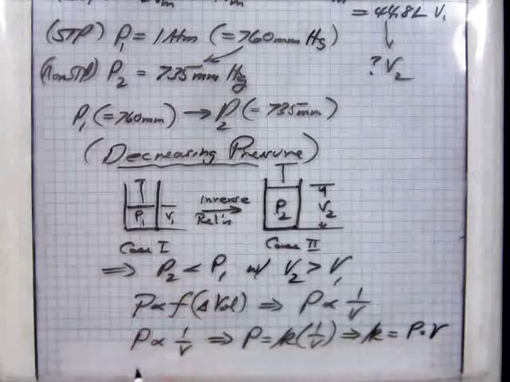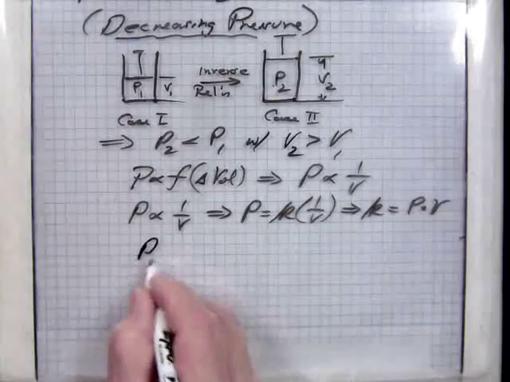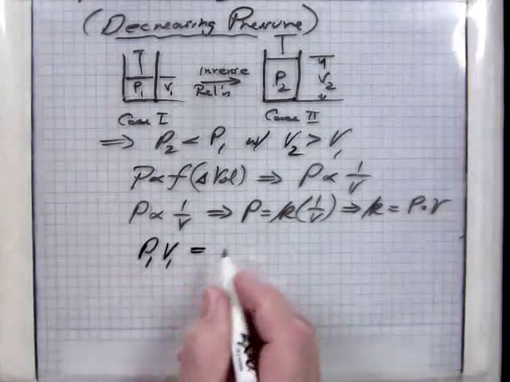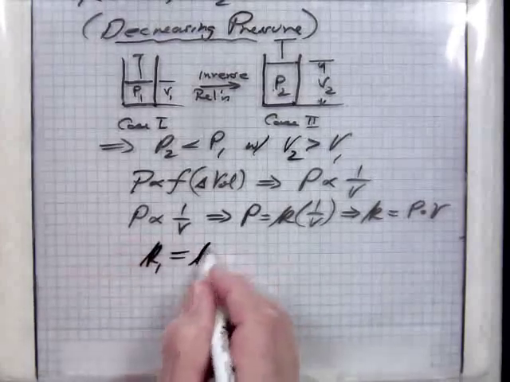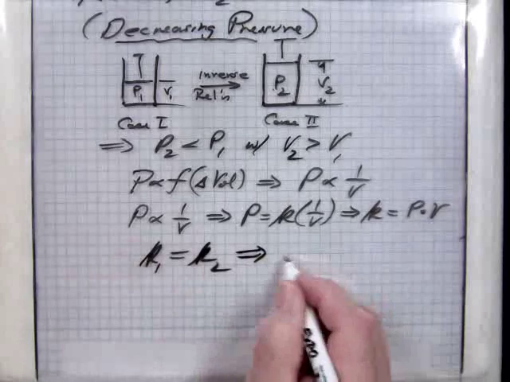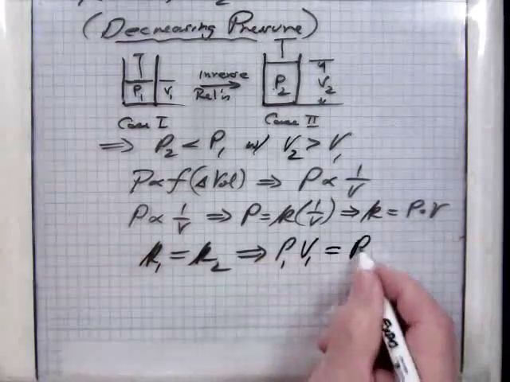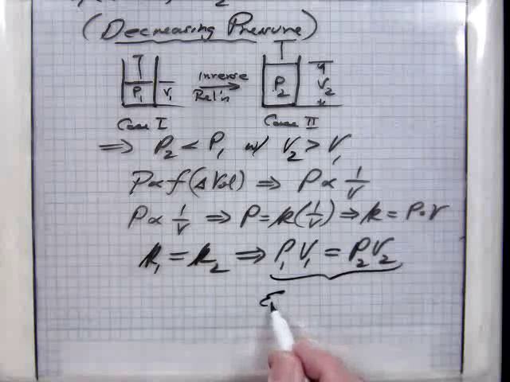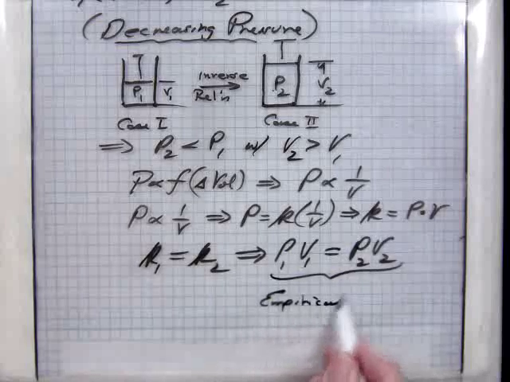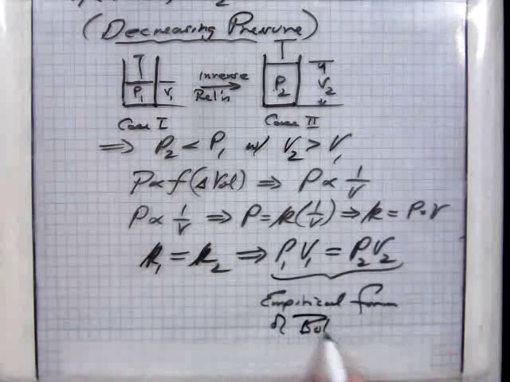And case 1 is where P1 V1 equals, well, let's write it, K1 equals K2. Therefore, we put in P1 V1 equals P2 V2. And this is the empirical form of Boyle's law.